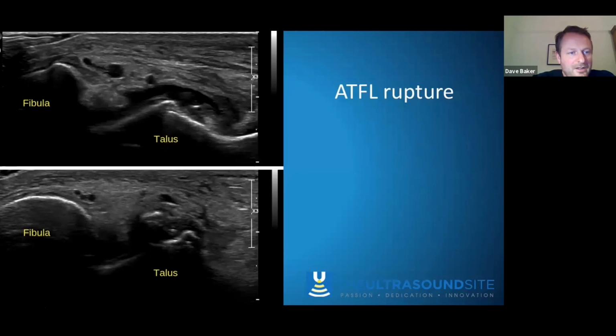You can see also on the lower picture some signs of minor cortical changes there. So oftentimes you'll see evidence with a ligament injury. There's oftentimes some degree of disruption at the attachment sites as well. It's very typical, as well as significant effusion in the area. And as we said, with ultrasound, we're really able to demonstrate the lack of integrity, the gapping of the two bony structures. If we go to the next.